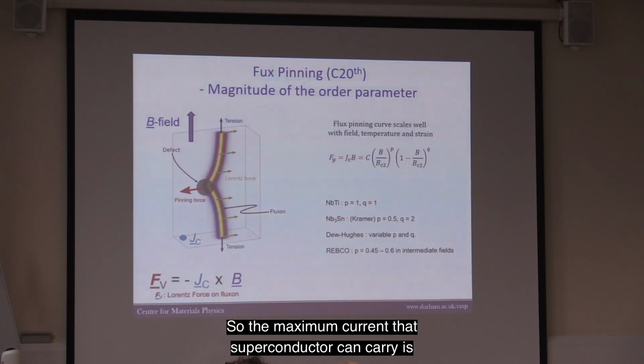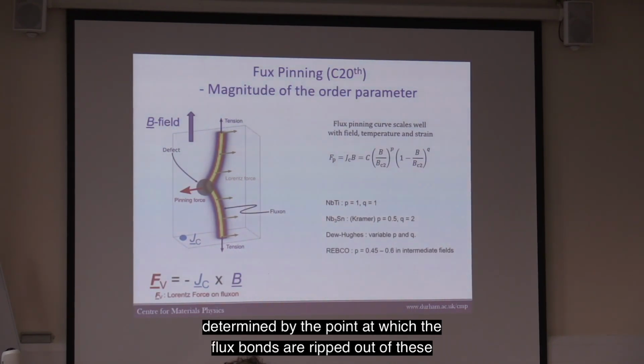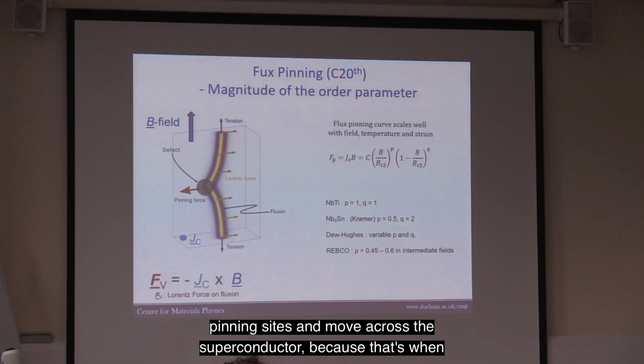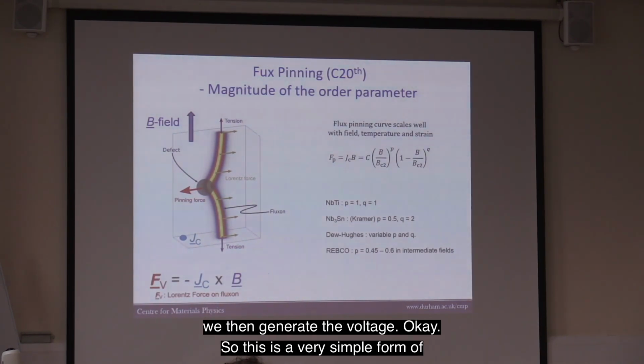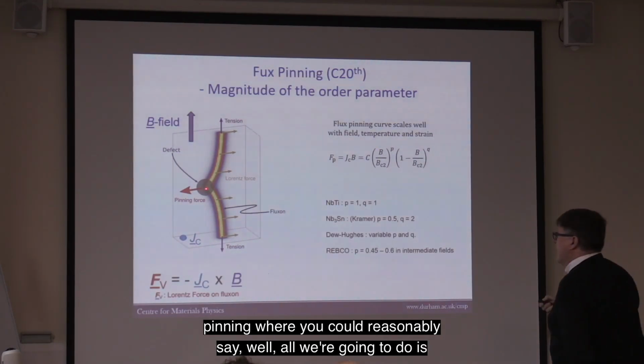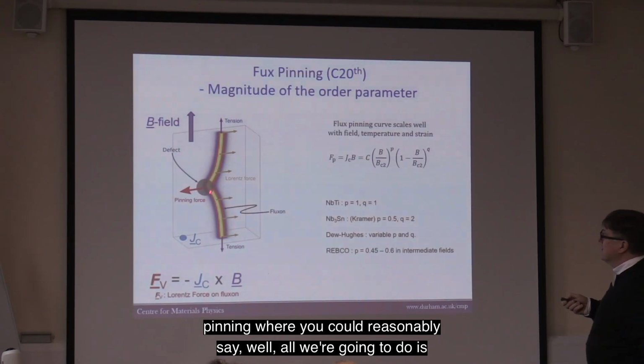So the maximum current that a superconductor can carry is determined by the point at which the fluxons are ripped out of these pinning sites and move across the superconductor, because that's when we then generate the voltage.